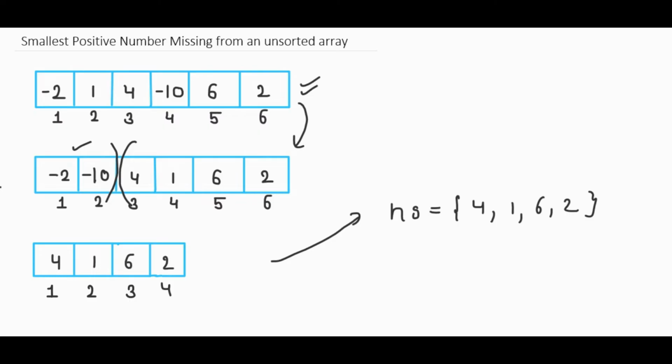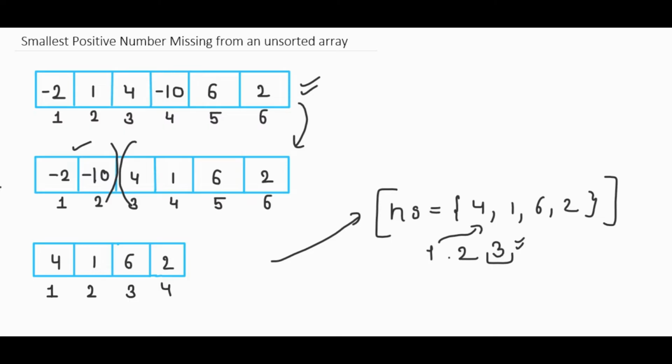Now what we did was we started from 1 and we started seeing if the element is present or not. If 1 is present, we move to 2. If 2 is present, we move to 3. 3 is not present, the answer is 3. Right? So this approach is similar to this, but we are not using any extra space. Let's see how it works.